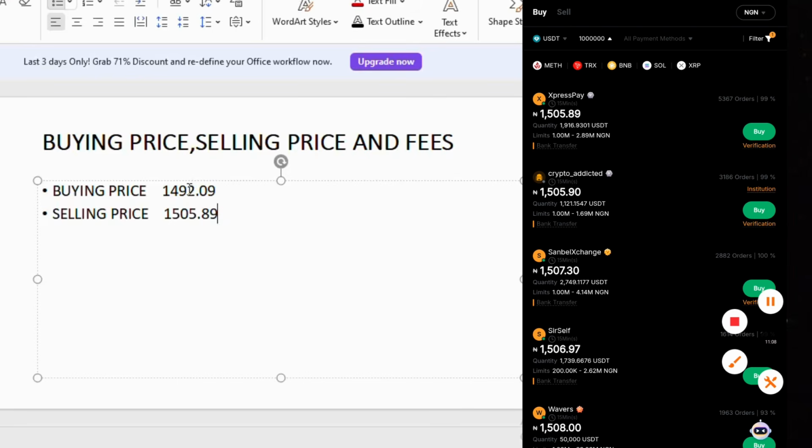Okay, so let's talk about the fees. Now what are the fees? I know, because I'm a merchant, the highest fee you'll be charged from your profit is 0.5%.